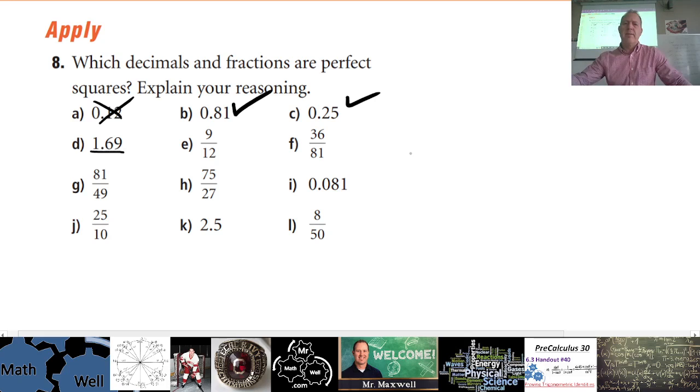Okay. Well, let's think about that. What if I did 0.13? Would that work? If I squared that, I should get 169, but then it would be 4 decimal places. Okay. What about 1.3?